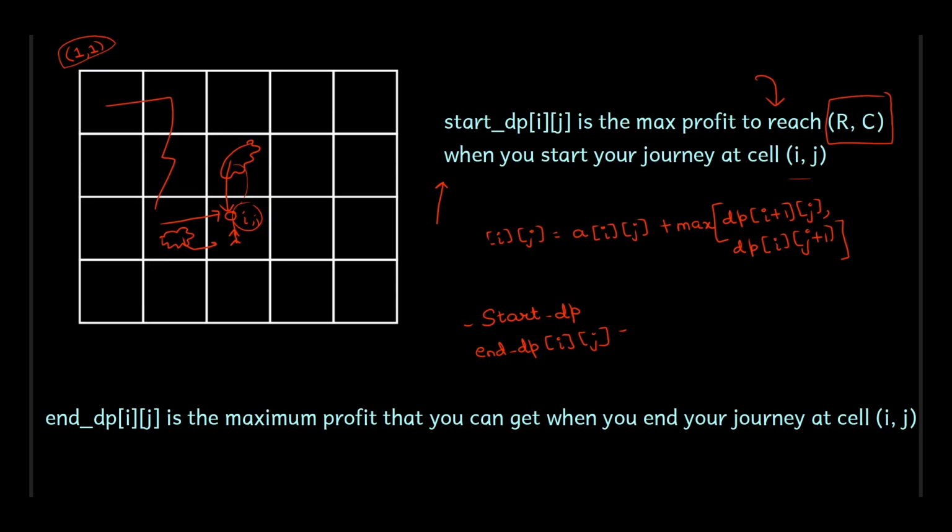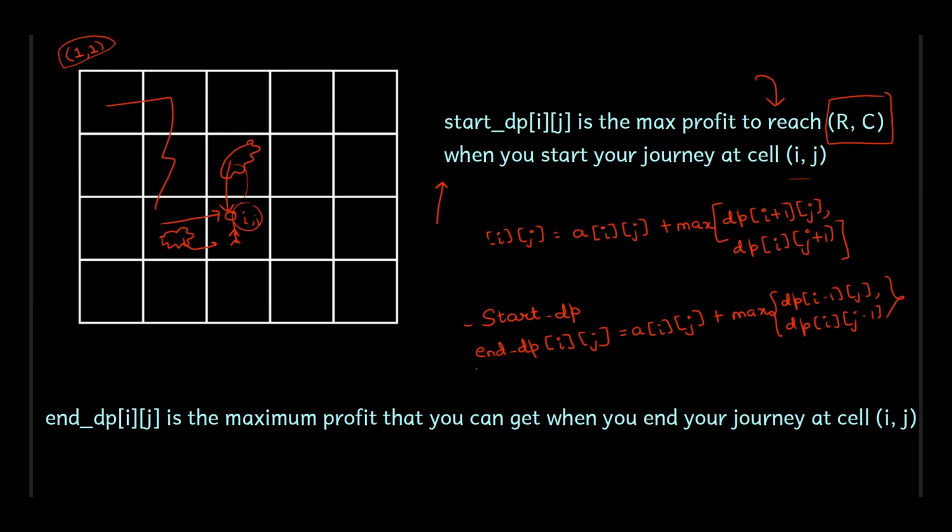So end DP of ij is nothing but A of ij plus max of end DP of i minus 1 j comma end DP of i j minus 1.